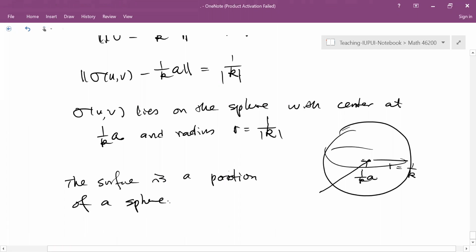So umbilic surfaces are either an open set in the plane, or an open set of a sphere. Okay, that's it.